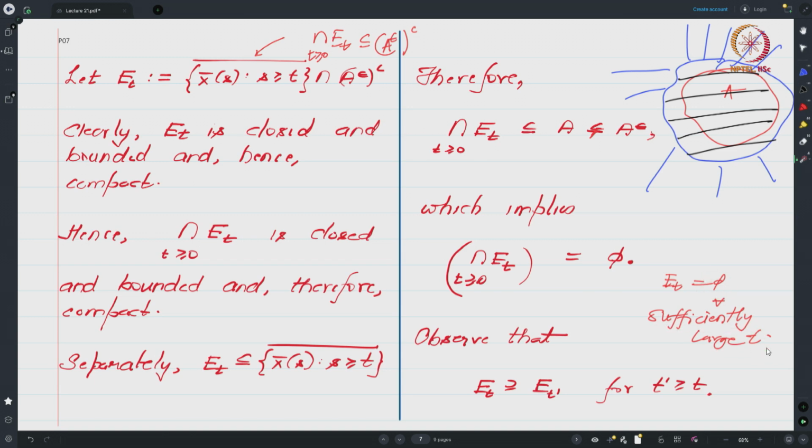Towards that, observe that the Et's that we have defined over here are special. They are special in the sense that if you pick any t prime which is larger than t, then Et prime is a subset of Et, that is, Et contains Et prime.